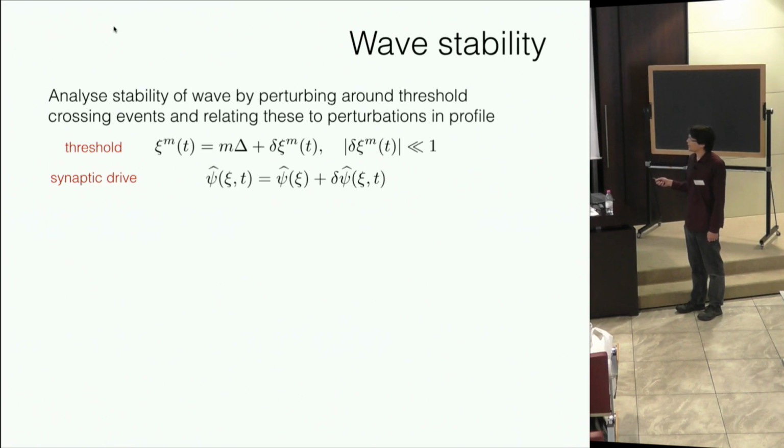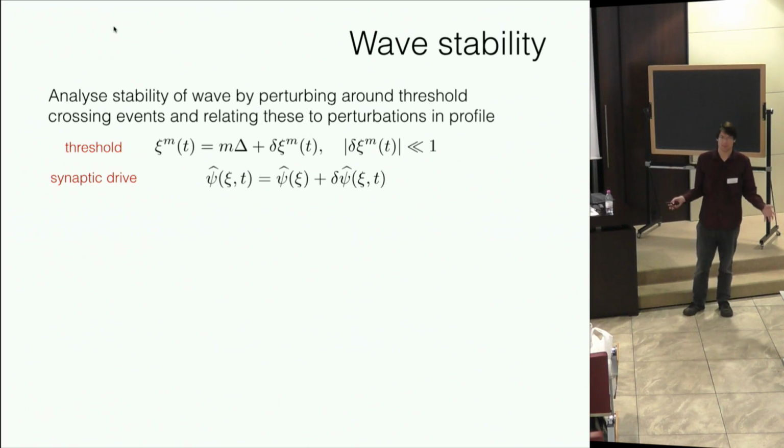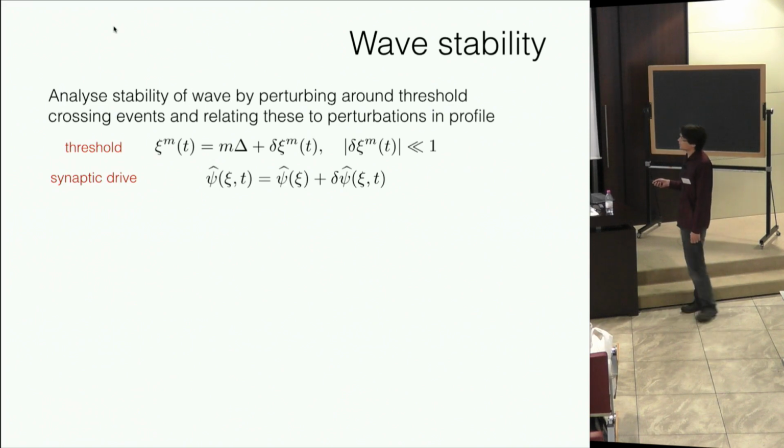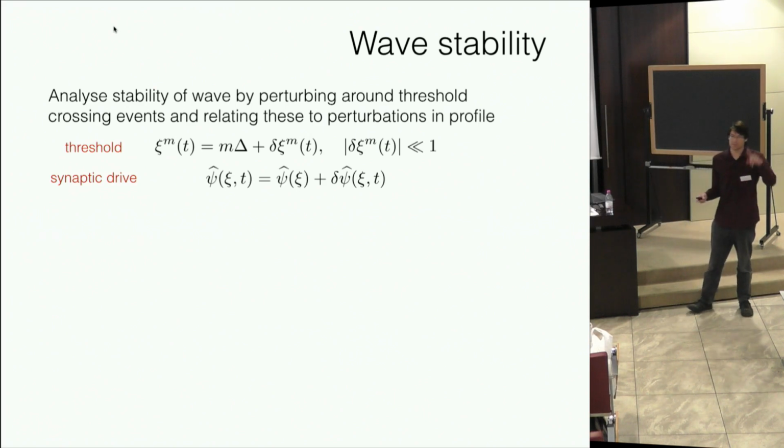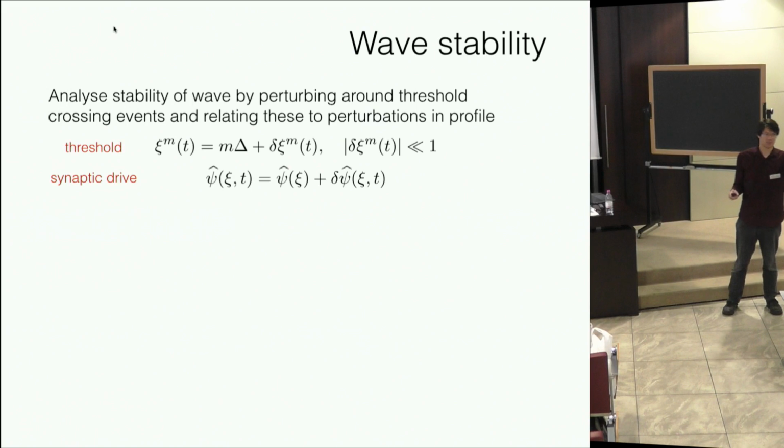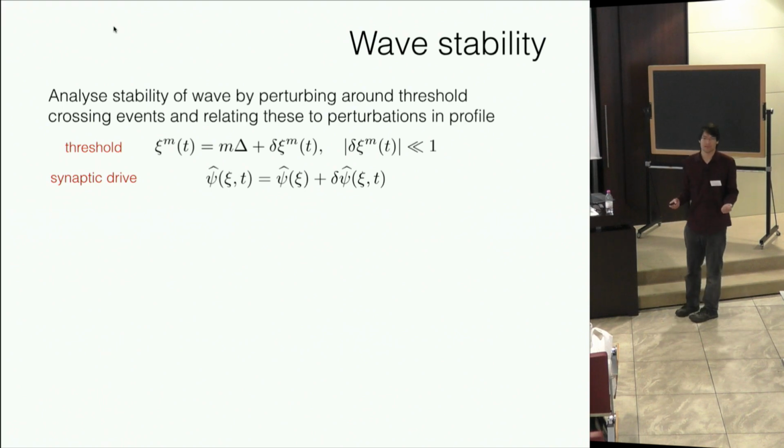rather than the standard applied mathematics approach, where you have some PDE and you write down a profile, we're going to start from somewhere slightly different, and say, well, let's perturb where we hit threshold. So imagine you've got a nice wave going along, and then you slightly wiggle where you hit that threshold in terms of your wave coordinate. And then the question you have to answer is, how does that change the profile?